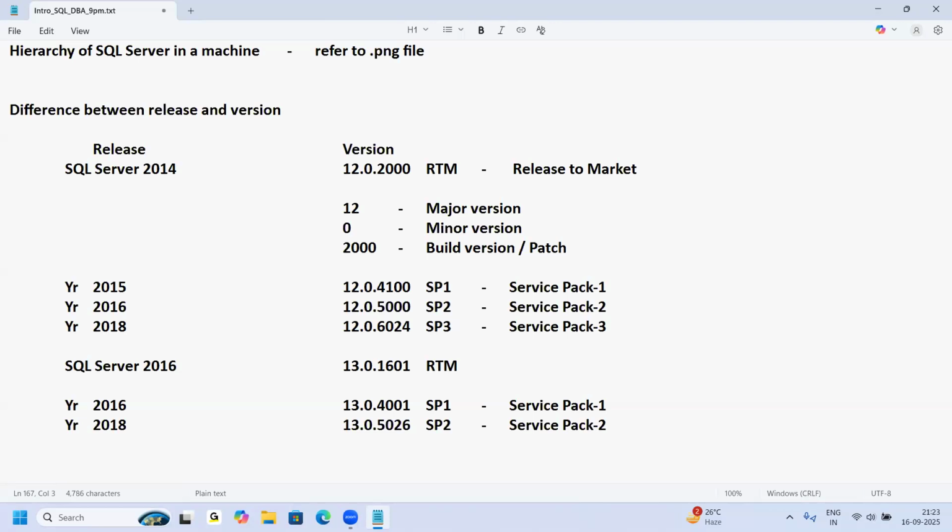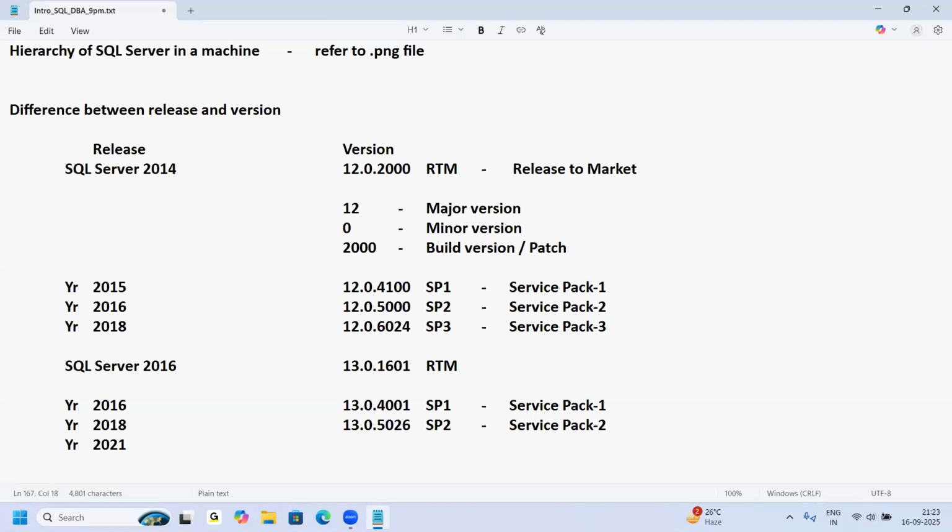And 2016, May it got released, but it got its Service Pack 3, 2016's service pack, I'm saying. 2016's Service Pack 3 was introduced in 2021.